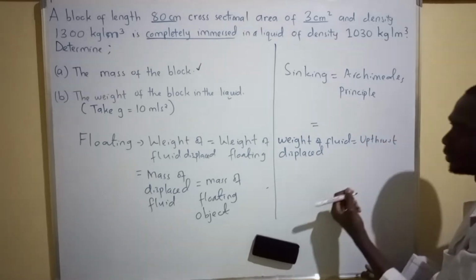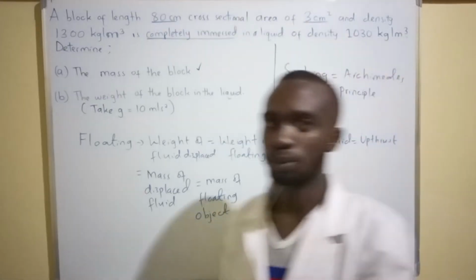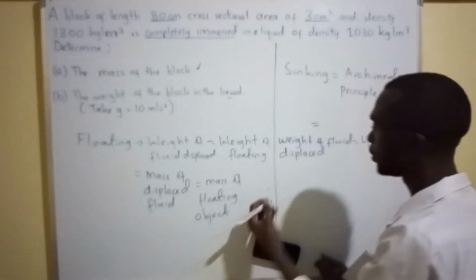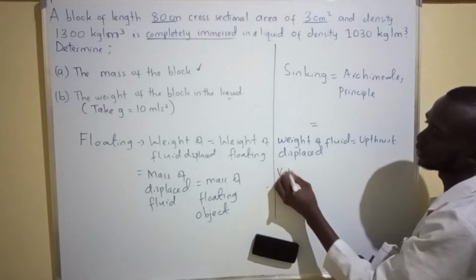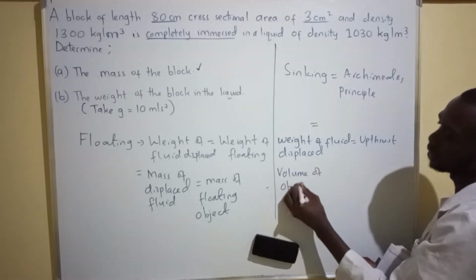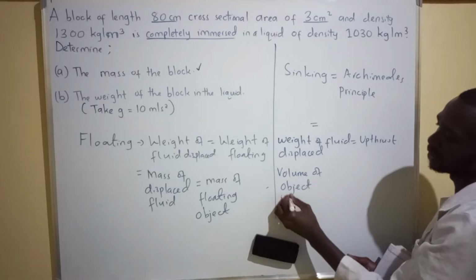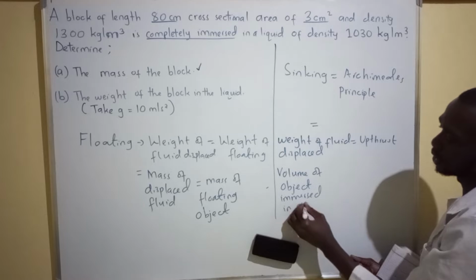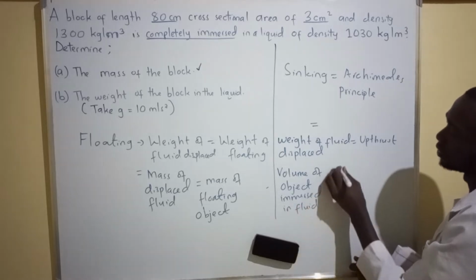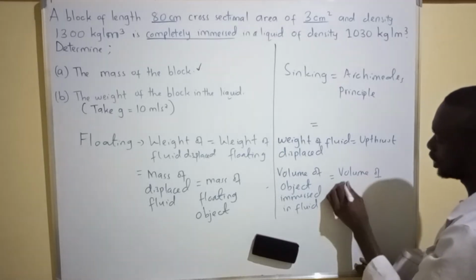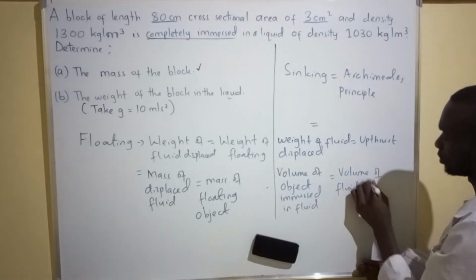Now, in simple terms, when you place an object inside a fluid, the volume of this object immersed in the fluid is the same as the volume of fluid displaced.